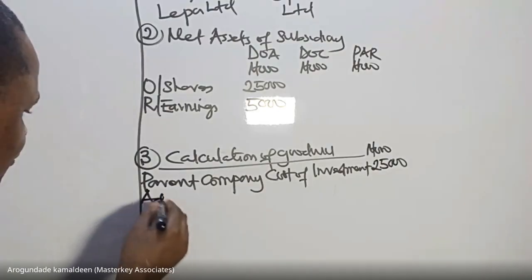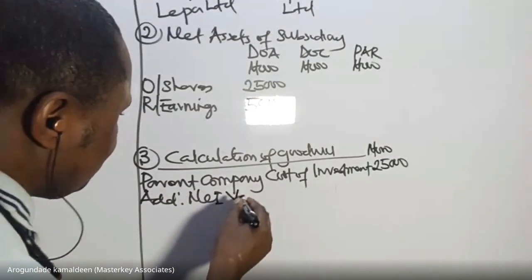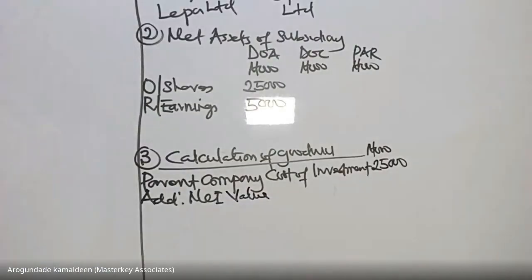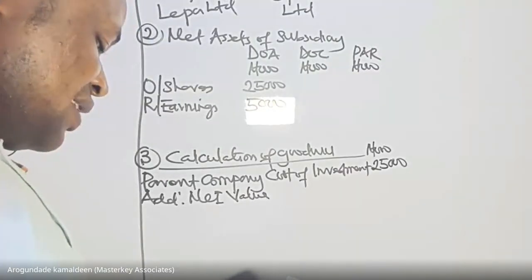Add NCI value. So the value of the NCI here, we don't know yet, but we can also run through the question. Let's check to see. Go to note 6.